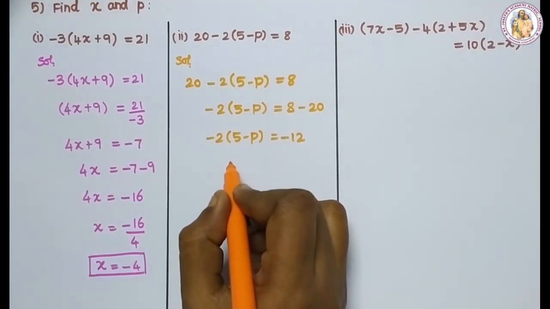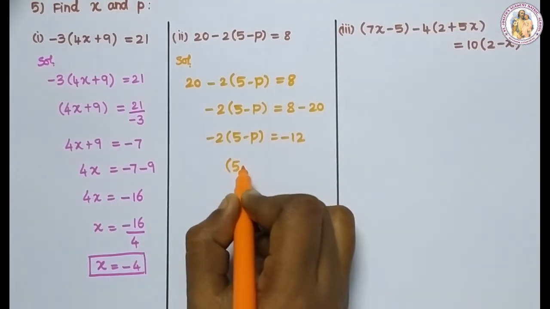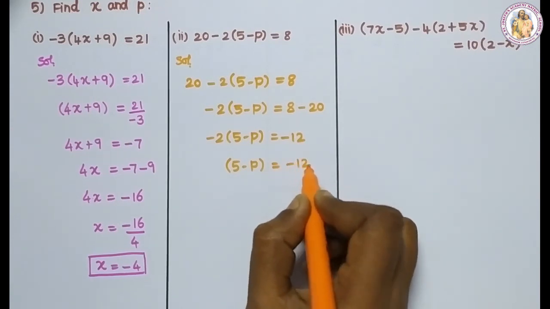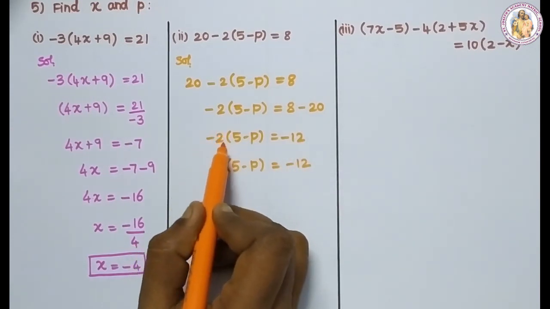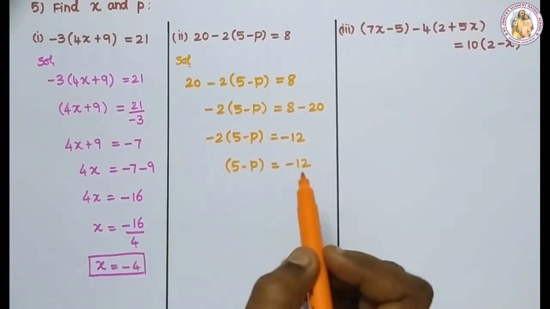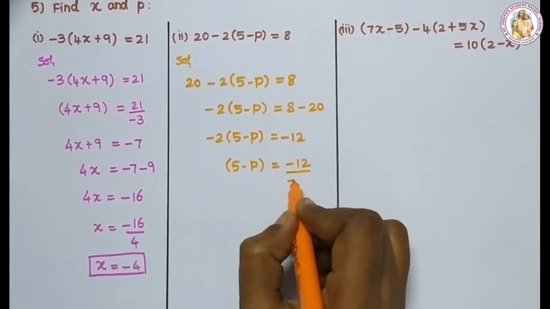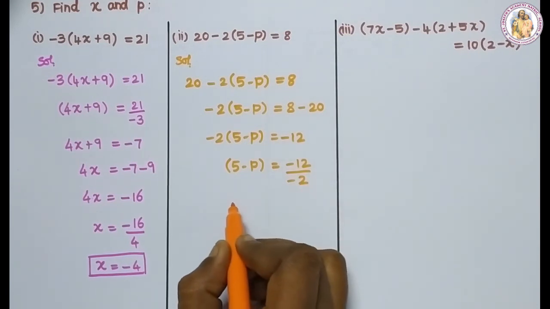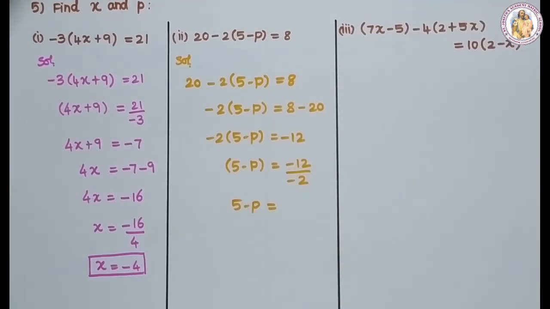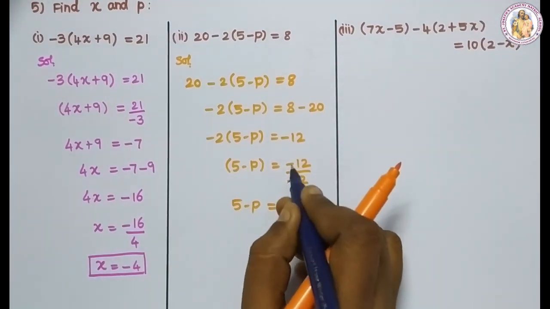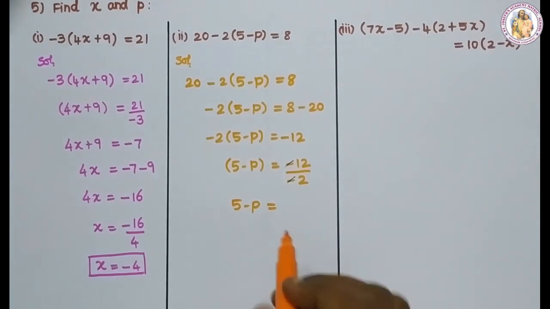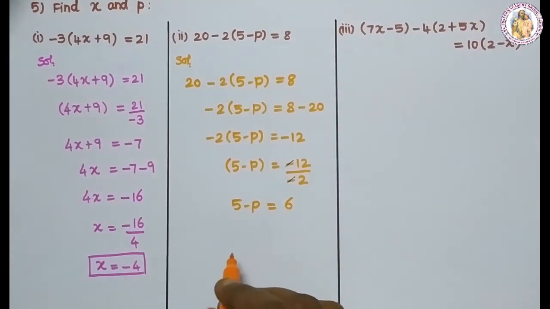Right? Next one. Keep the bracket here. Minus 12. Listen. This 2 is multiplied with this bracket. So bring this side means it becomes division. Now 5 minus p equal to minus cancelled, 12 divided by 2, that is 6.